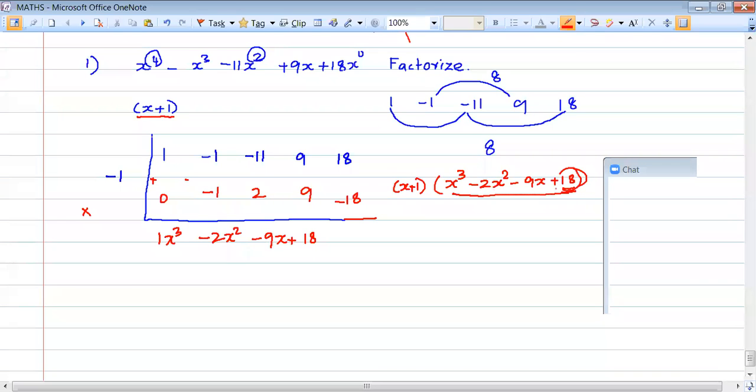Okay, so divide 18, find out the factors 1, 2, 3, 6, 9 and 18. Select three numbers whose multiplication should be 18 and addition should be minus 2. Which three numbers will you select?